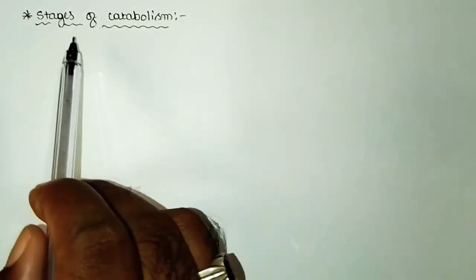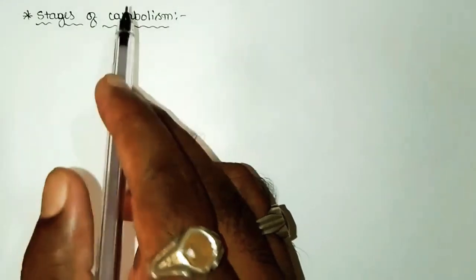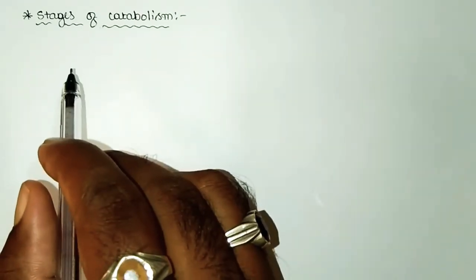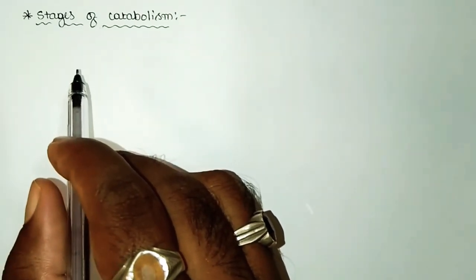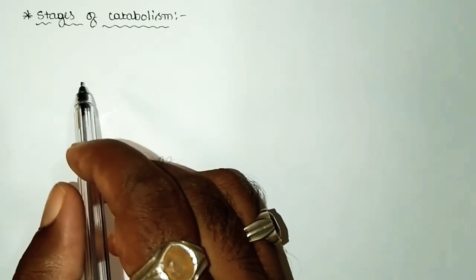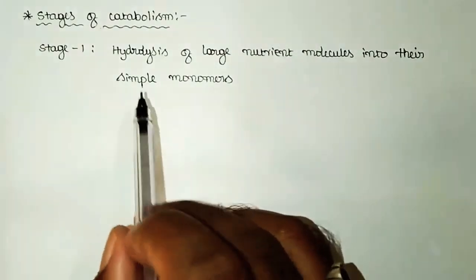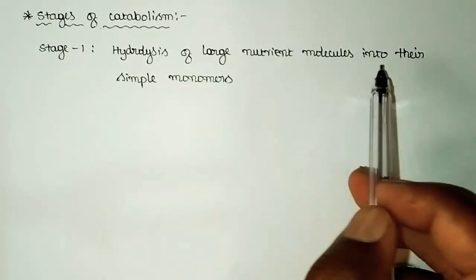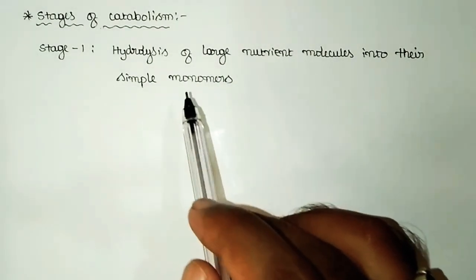And now we shall directly go to the stages of catabolism. Catabolism actually occurs in 3 major stages. Now we shall see stage 1. In stage 1, hydrolysis of large nutrient molecules into their simple monomers occurs.